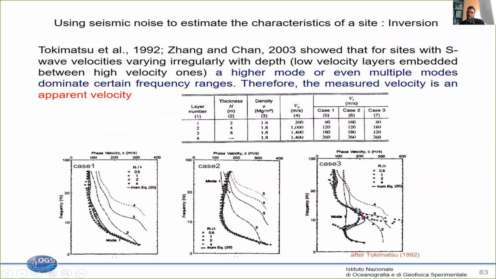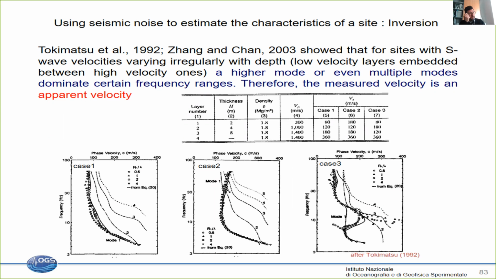You have a jump of modes in this frequency range, where you go from the fundamental to the second or even to the third mode. And in between, you have something which is not exactly belonging to mode number 1 and mode number 2. It's a sort of apparent mode. In other cases, you can see this better, but this is really a typical example where this is happening.